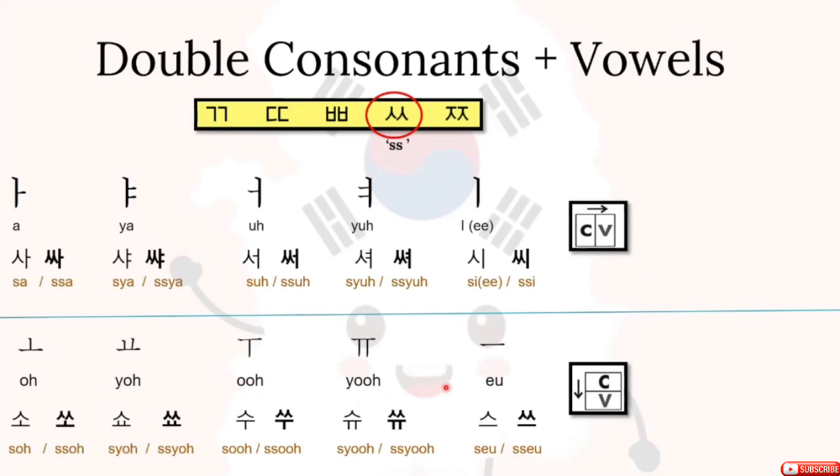For double consonant, s and u becomes shu, shu, shu. Okay, finally, for vowel and s, s. For double consonant, s, s, s.